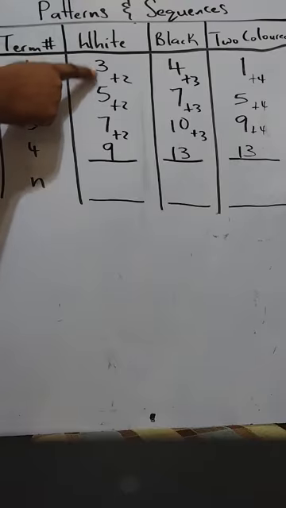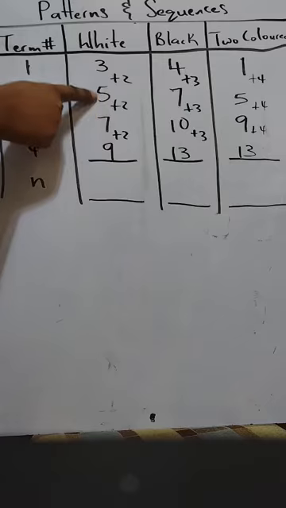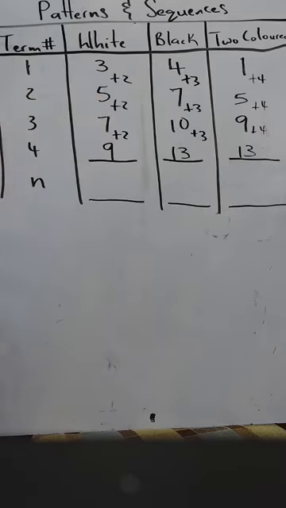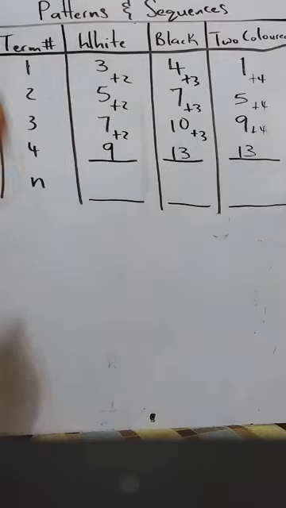So if I took 3 from 5, I would have gotten 2. If I took 5 from 7, I would have gotten 2. If I took 7 from 9, I would have gotten 2. So this number is considered to be the common difference. It's the same number that we keep repeatedly adding to get the next term.